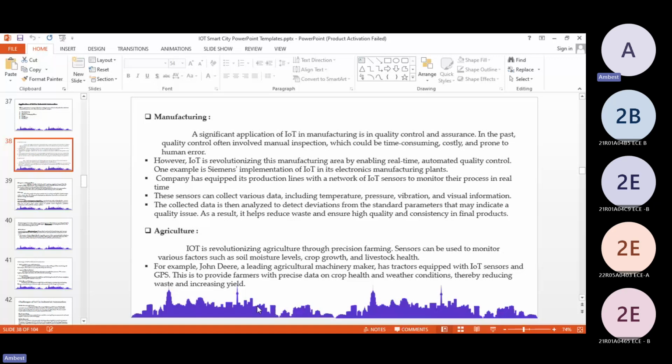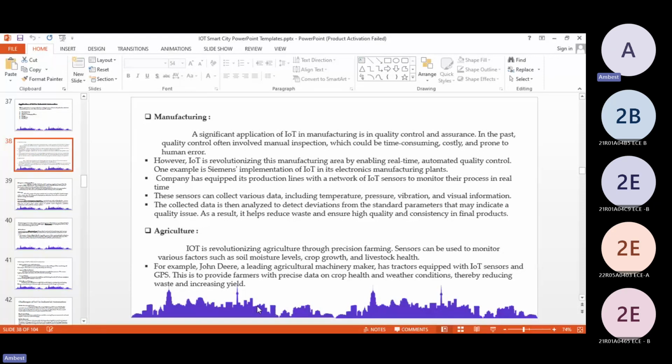These sensors collect various data, which is analyzed to detect deviations from the standard parameters. These indicate a quality issue in the processing of the whole thing. As a result, it reduces waste and ensures high quality and consistency in the final products. So basically, IoT sensors monitor the whole process in real time.